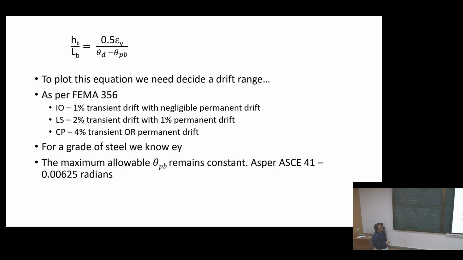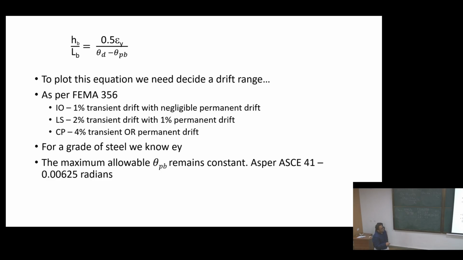What are the variables that we can plot? We can plot the HB over LB ratio versus, for one grade of steel, what can we plot it with? We can either plot it with theta D minus theta PB or just theta PB. There are a lot of different ways we can plot it, and I'll show you one example.